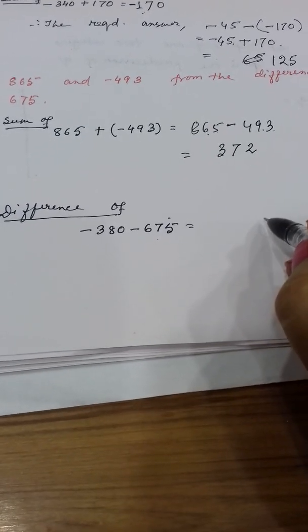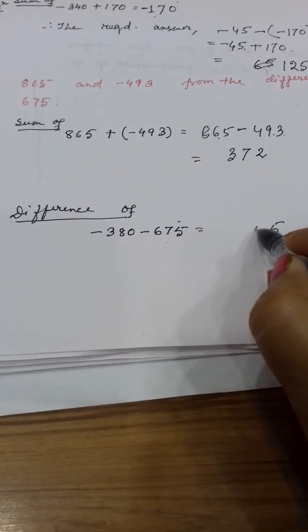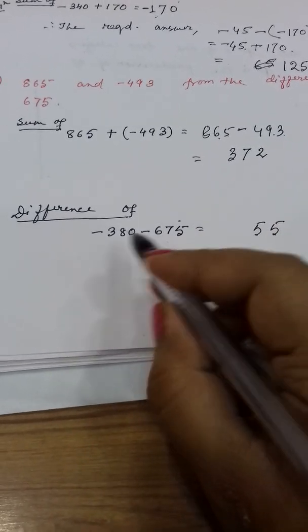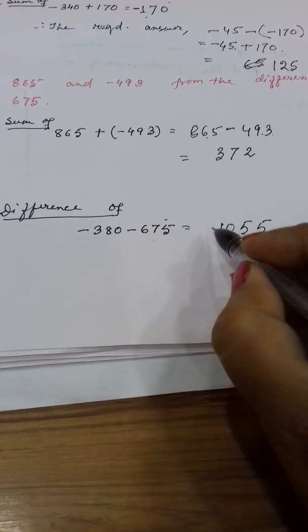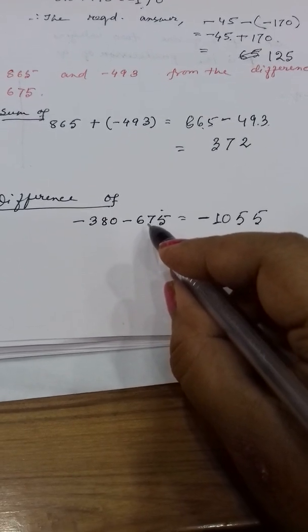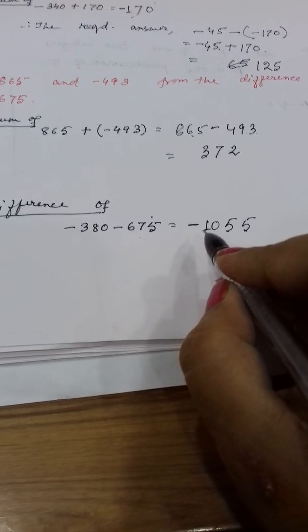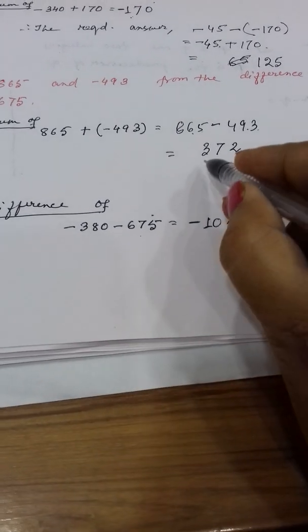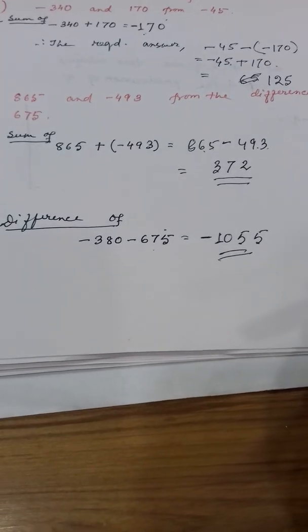Now do addition. 0 plus 5, 5. 8 plus 7, 15, 5, carrying 1. 6 plus 3, 9. 9 plus 1, 10. Sign will be what? Minus, because it is the negative integer and negative sign. So here also answer will be with negative. Clear?